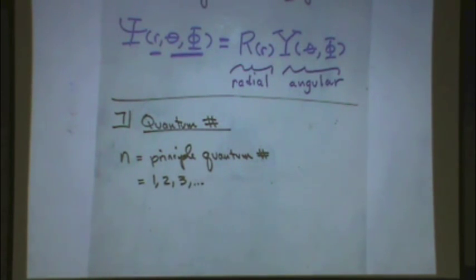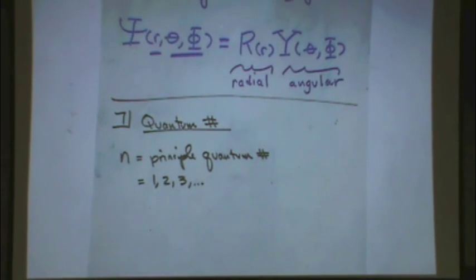What does it represent? The larger n is, I already told you, does energy go up or down as n goes up? Yeah, as n goes up, energy goes up. So n represents energy, and remember it also represents orbits, right? So as you can imagine, the more orbits you have, the bigger it gets.